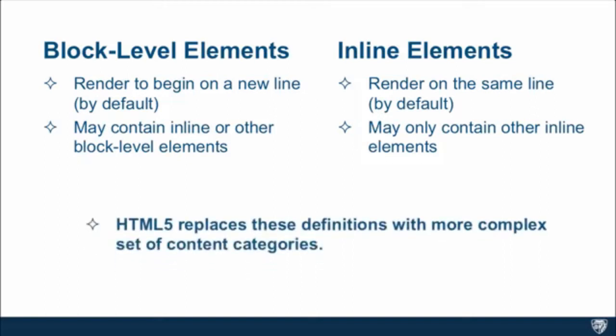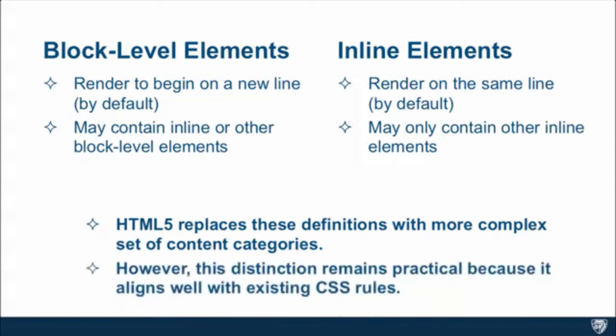Now, I told you that HTML5 really replaces these definitions with a more complex set of content categories. So why are we going over them now? Well, the reason we go over them now is because this distinction between block level elements and inline elements remains pretty practical because it aligns very well with still existing CSS rules.